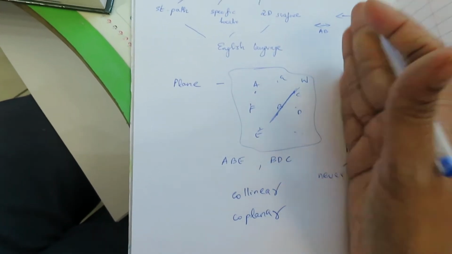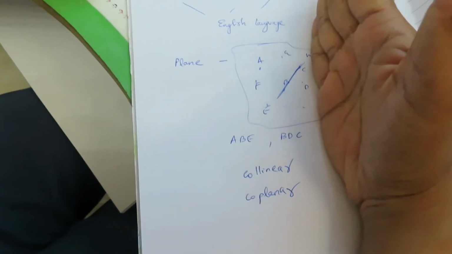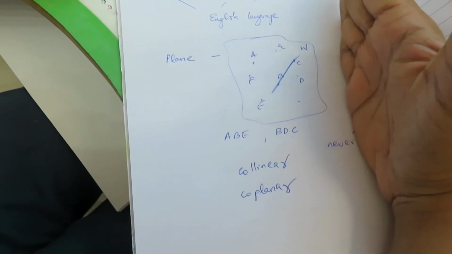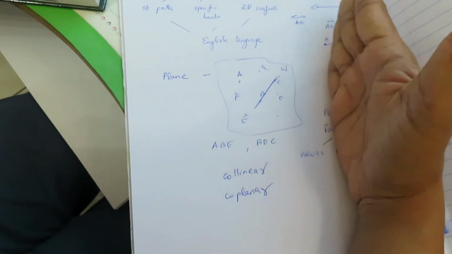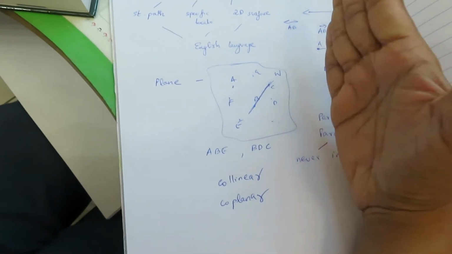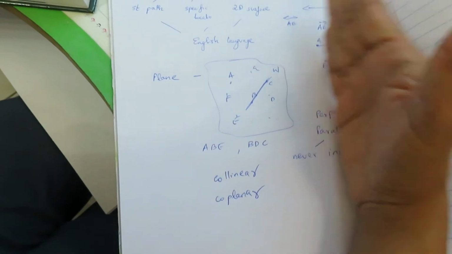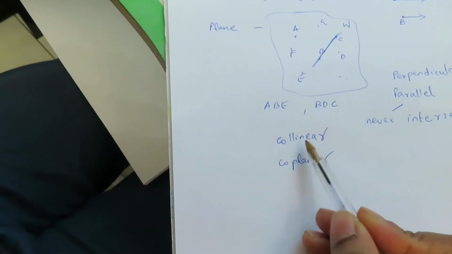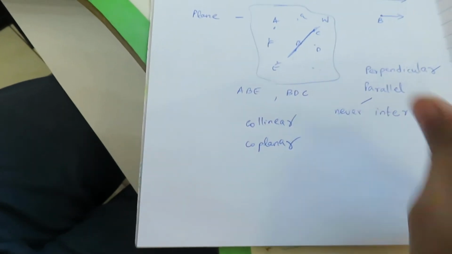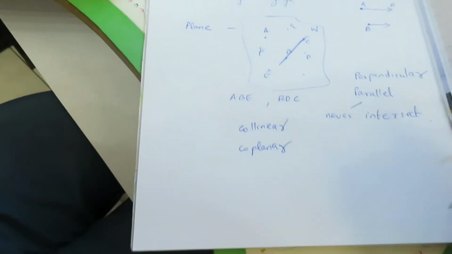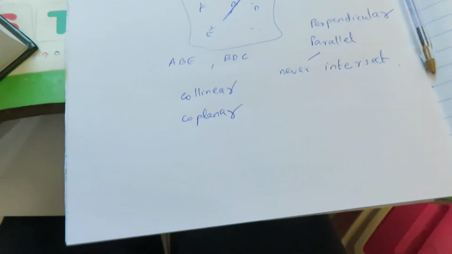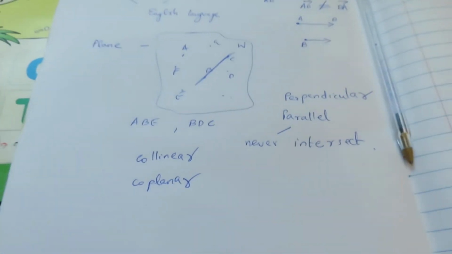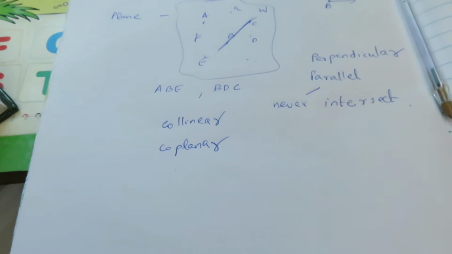And if I keep another plane here, and I have a point on that plane, this point and this point on this particular plane are not coplanar. They are on two different planes. Now you know the word coplanar and you know the word collinear. Now let me rush up because it's already 5 or 6 minutes. We learned this much. Now you can go through your textbook to have a better idea of what I taught you.